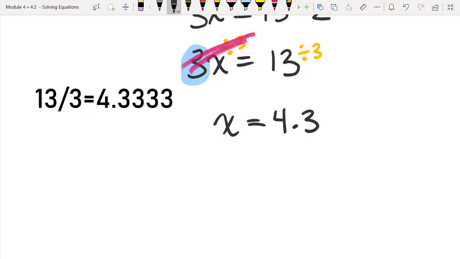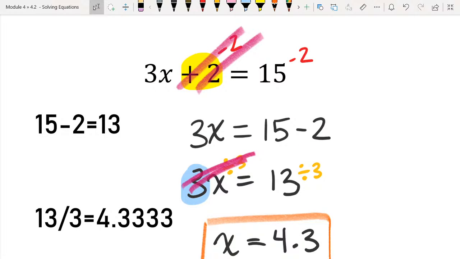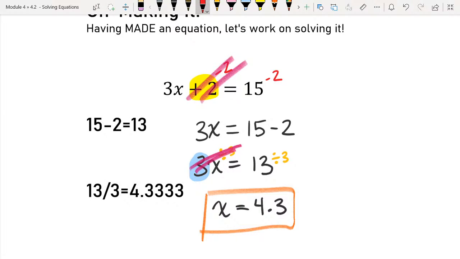Not the example I was looking for, but that's all right. I meant this to be the same question as last time. Whoops. And there we go. We've solved it. So we just undid what they did. So we can say here, the opposite of adding is subtracting.